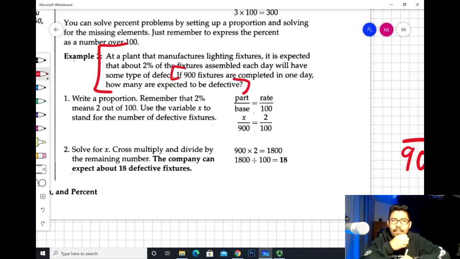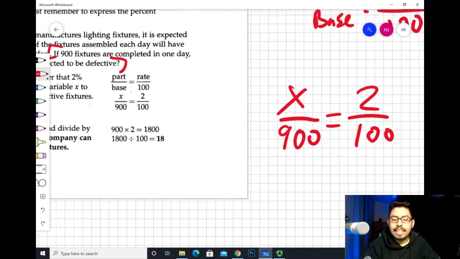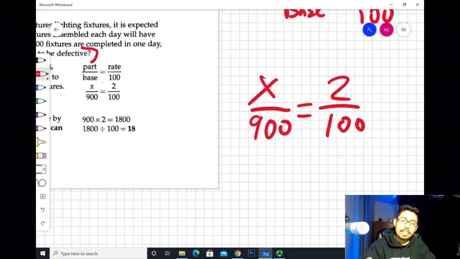How many of that 900, 2% of that 900 fixtures, how many will be defective? That's what they want to know. You just did your setup, my friends, and just like proportions, what do you do now? You do your cross multiplication. 900 times 2 is 1800. 1800 divided by your third number.